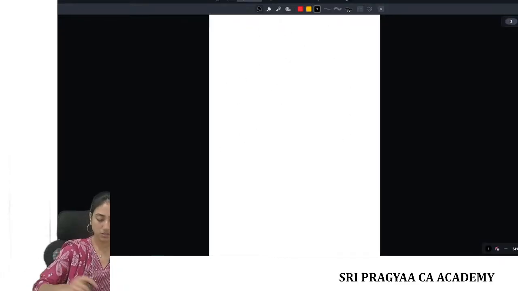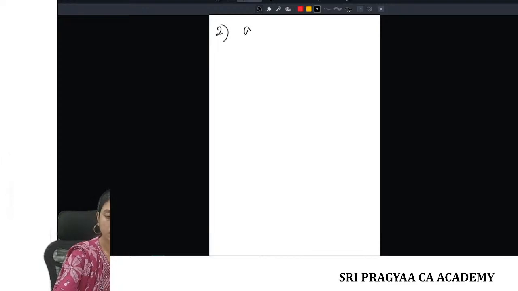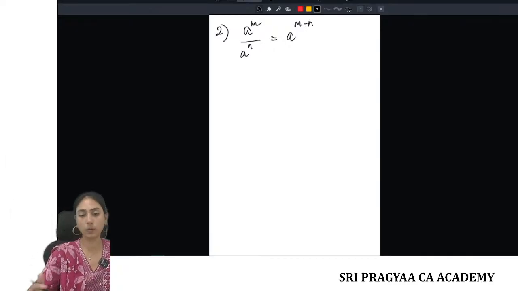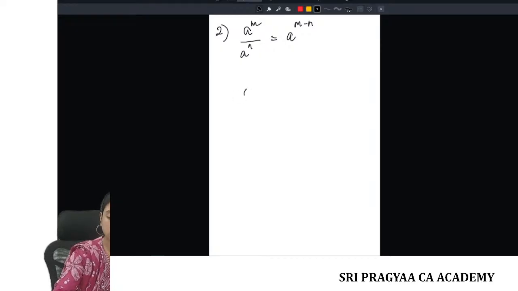The next law is, whenever I have a power m divided by a power n, that can be solved by a power m minus n. Similarly, when I have 2 power 4 divided by 2 power 2, this can be solved by 2 power 4 minus 2, which is nothing but 2 squared.